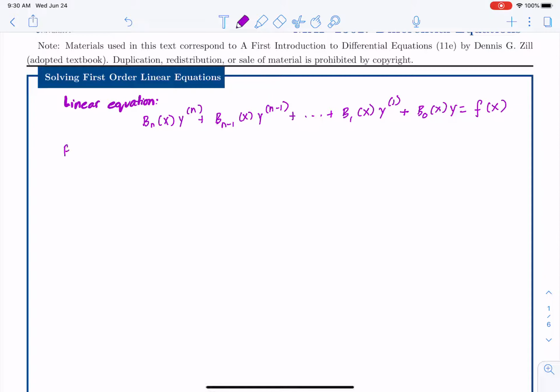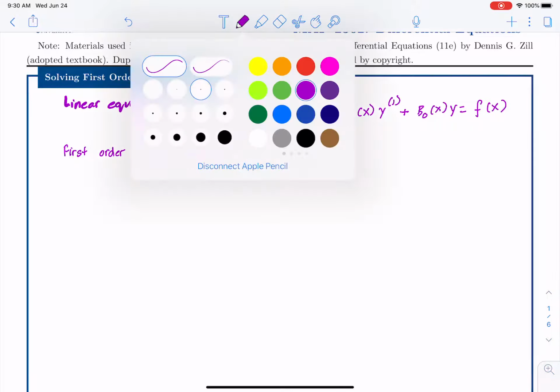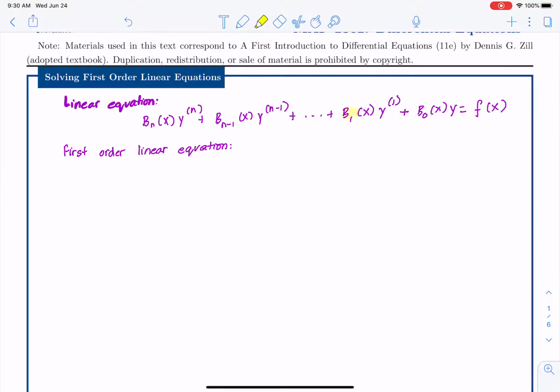So the first order linear equation will simply contain those terms. And as I said, f of x could be 0, and if it is 0, things are pretty easy.